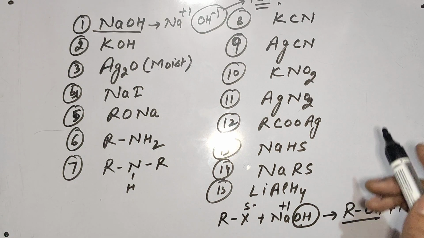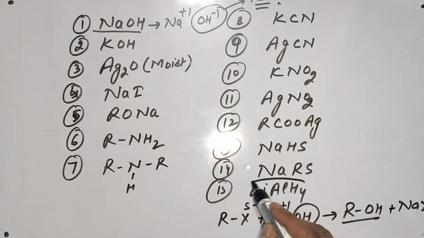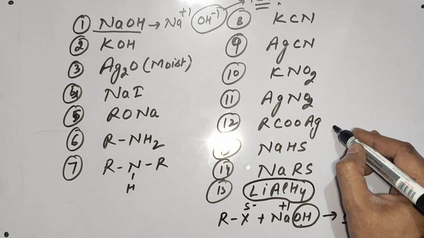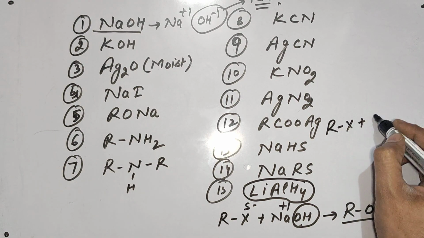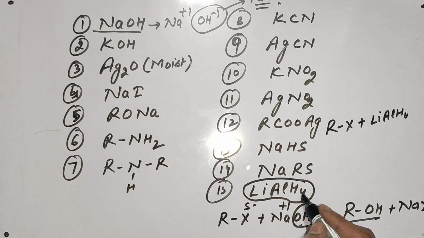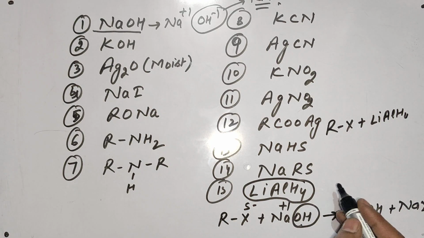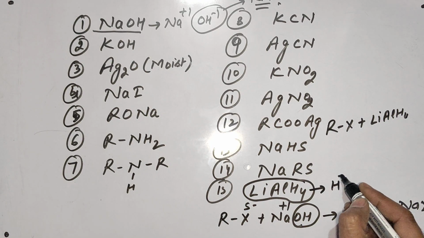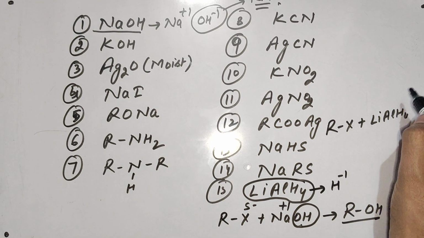One more example. I am taking lithium aluminium hydride as a reagent. Suppose RX is reacting with lithium aluminium hydride. First we have to understand which nucleophile is generated by lithium aluminium hydride. The nucleophile is H negative, hydride.